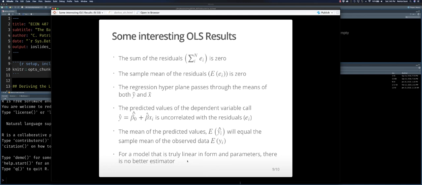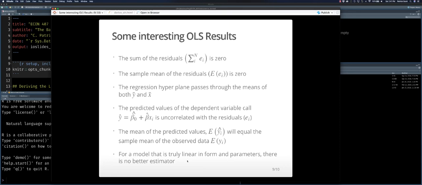Additionally, if we have well-behaved data, the sample mean of our residuals is going to be equal to 0. Now, the reason why I talk about both of these is because that's going to be important when we are assessing whether our data is normally distributed, particularly our dependent variable, our y variable, which will also impact our error term, but we'll get to that later.